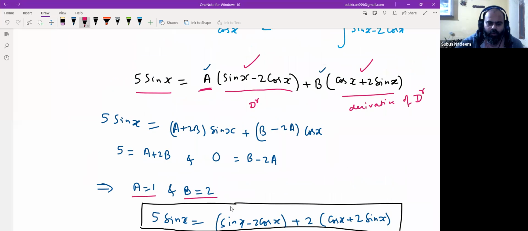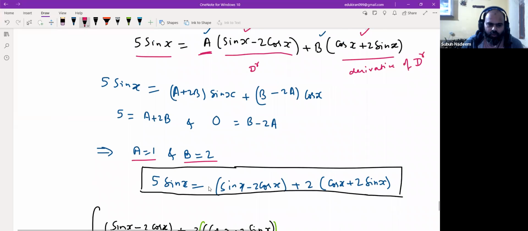Now, if you put a and b there, you get 1 into this plus 2 into this. If you simplify this, 1 sin x plus 4 sin x, you'll get 5 sin x, and minus 2 cos x and plus 2 cos x here, you will get 0 cos x. So you get this as 5 sin x, which means you can write 5 sin x like this. There is nothing wrong in writing it like this.